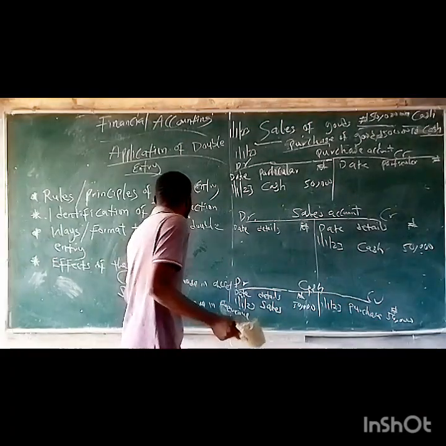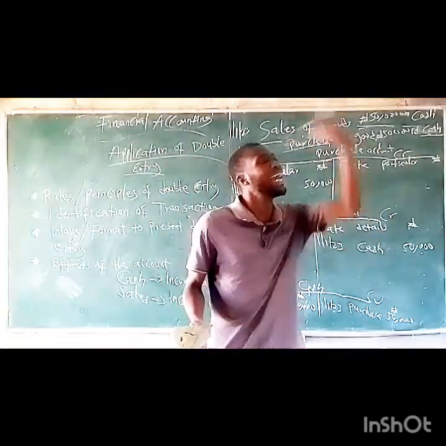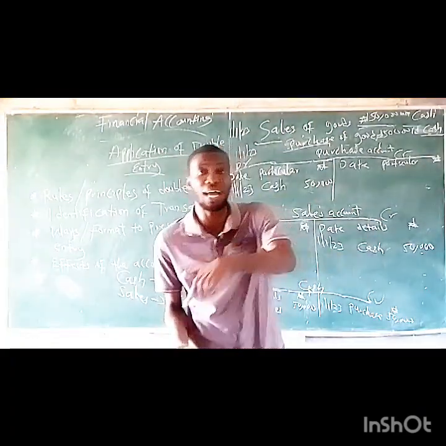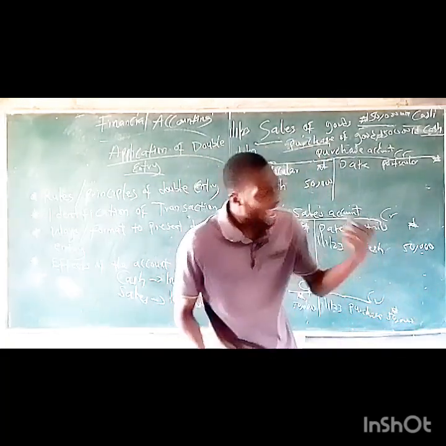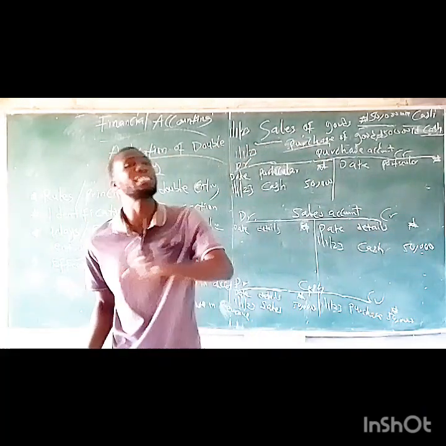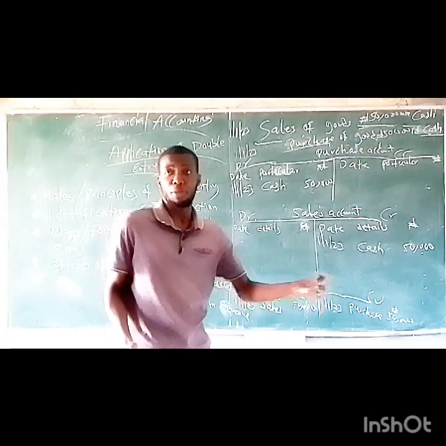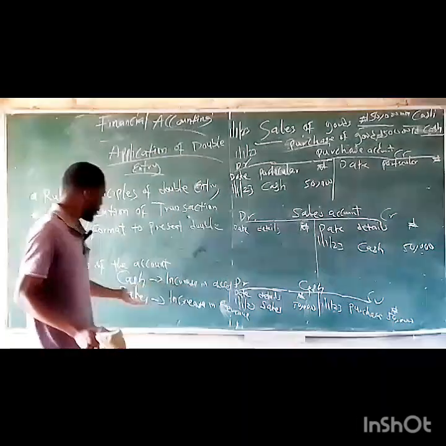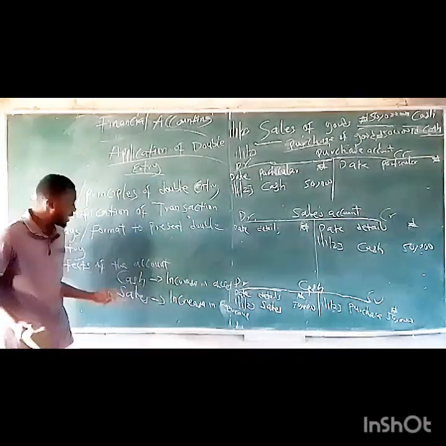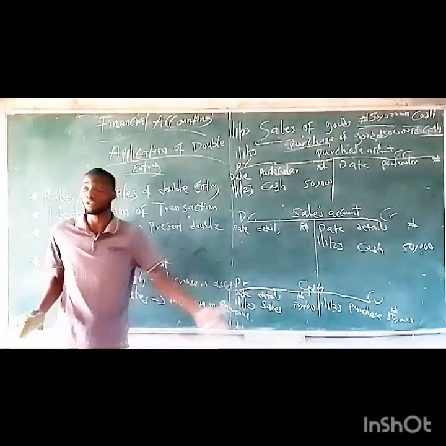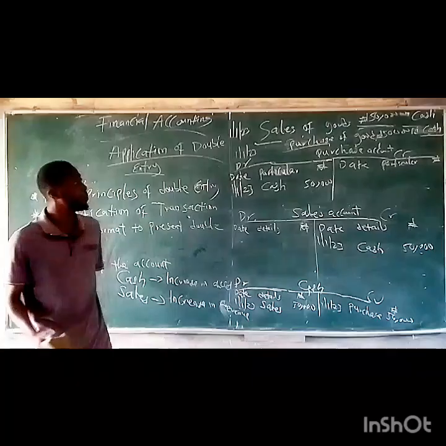Listen, I cannot purchase another car until I have sold a car. I don't know if you are getting me. So that is why the cash will increase in terms of assets, then the sales will also increase in terms of revenue. So we are going to stop here.